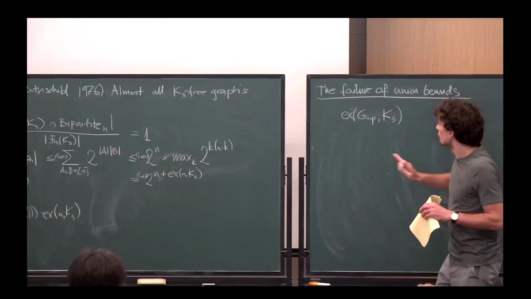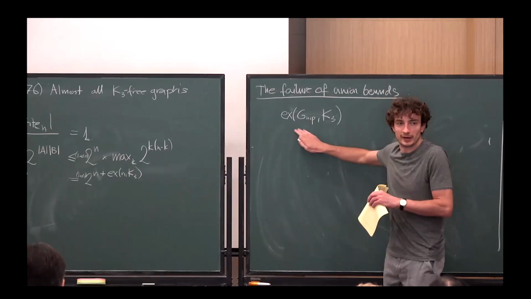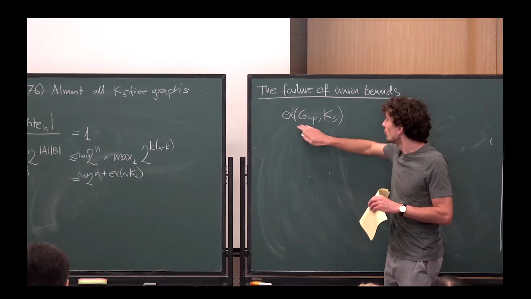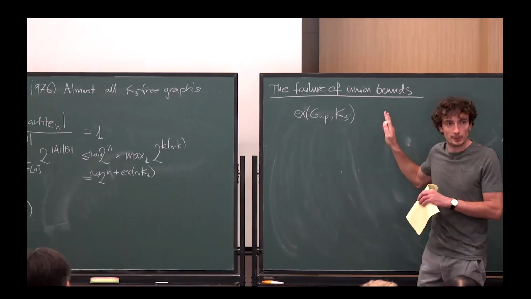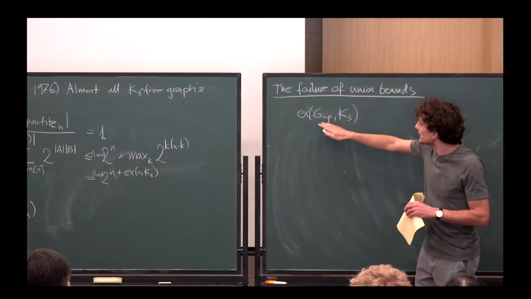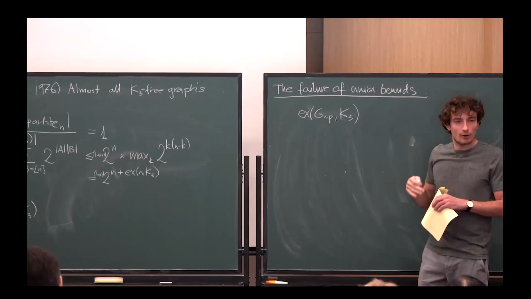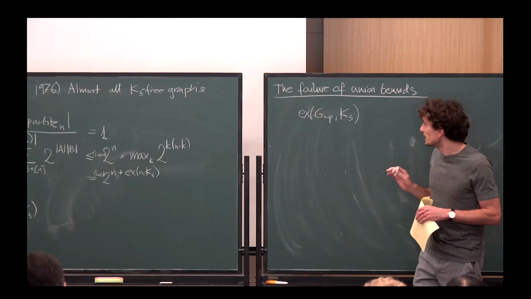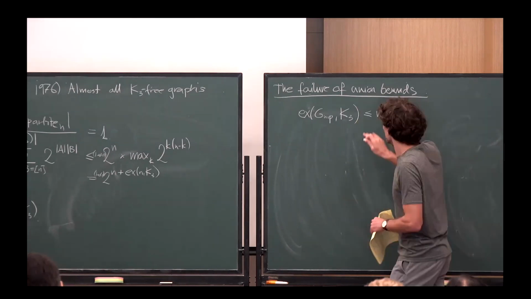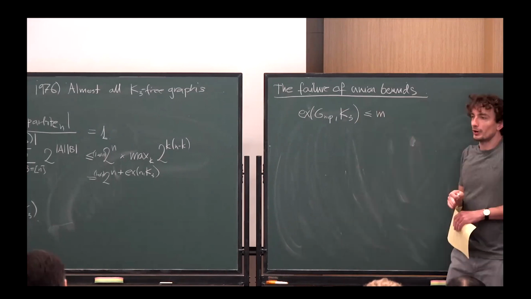So we're trying to estimate this random variable. We already have a good lower bound that holds with probability very close to 1. It's at least half of the expected number of edges asymptotically. So we want to now prove an upper bound for it.